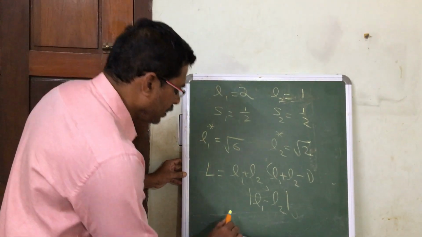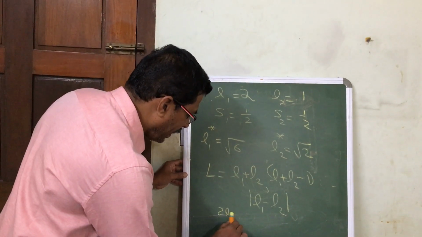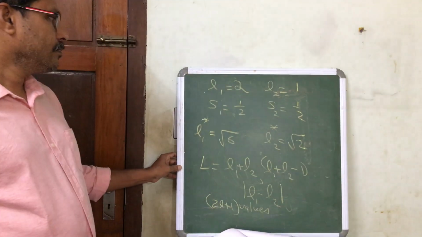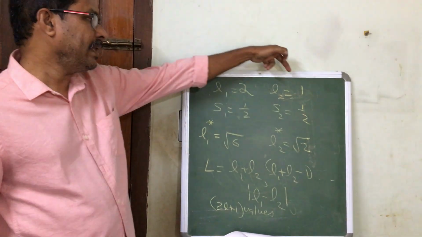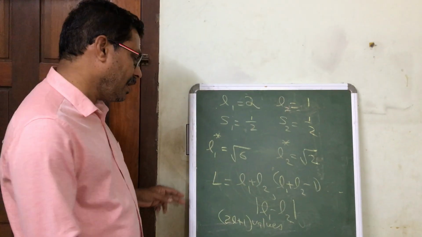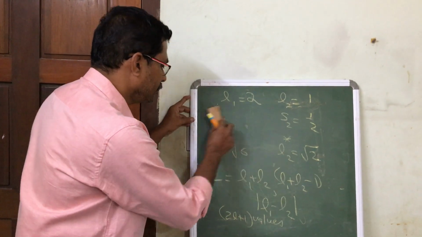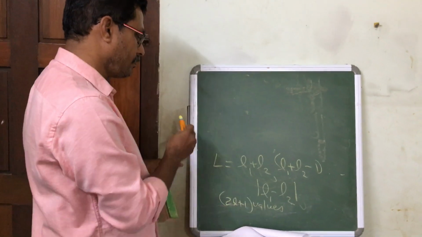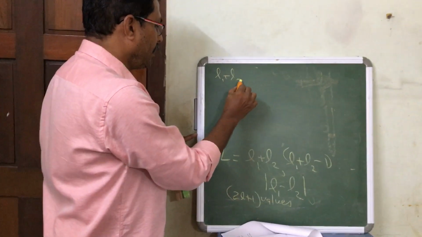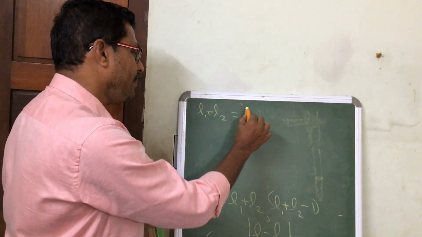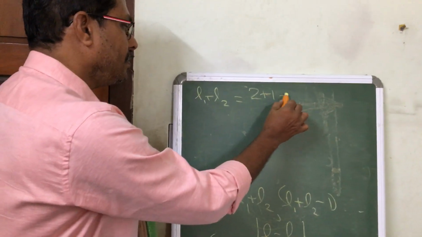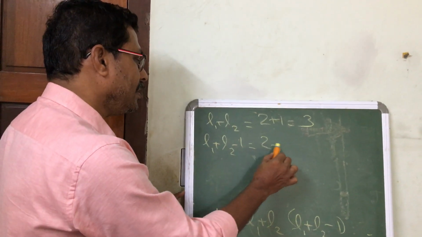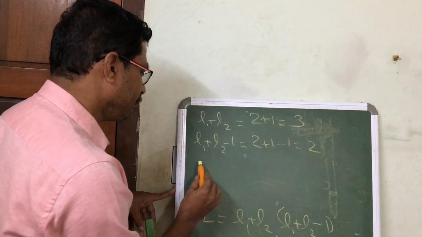And as you know, there are possible 2L plus 1 values. So with L1 as 2 and L2 as 1, we can get them as L1 plus L2, the first value will be 2 plus 1, that is 3. Then L1 plus L2 minus 1, that is 2 plus 1 minus 1, that is 2.